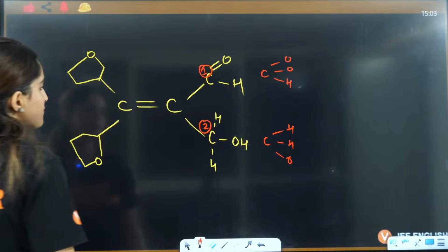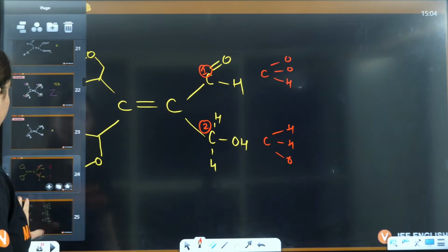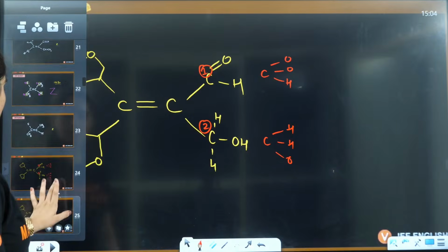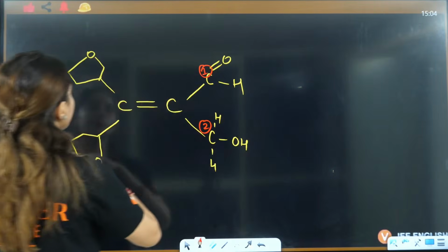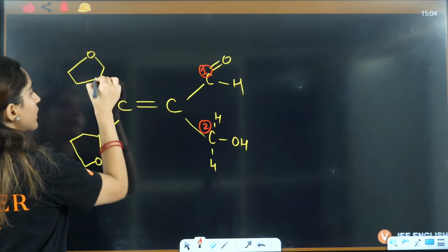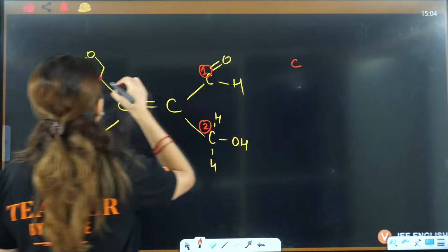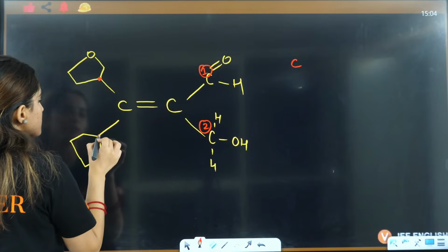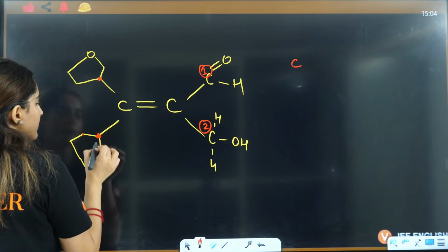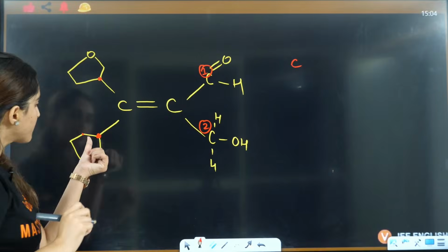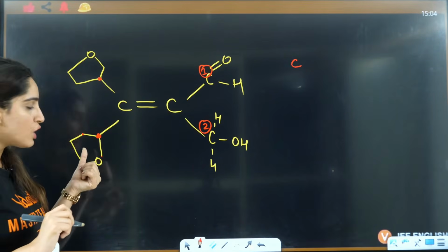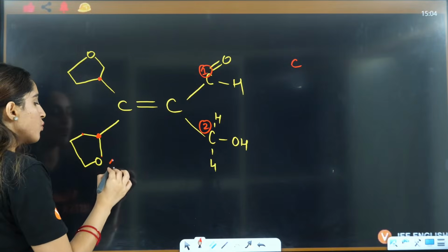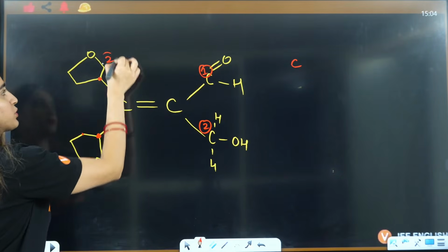Now what about this one? This particular carbon here is connected to 1 carbon and 1 carbon. This particular carbon here is connected to 1 carbon and 1 oxygen. So because this carbon is connected to 1 carbon and 1 oxygen here, that is the reason this will have more priority as compared to this one.